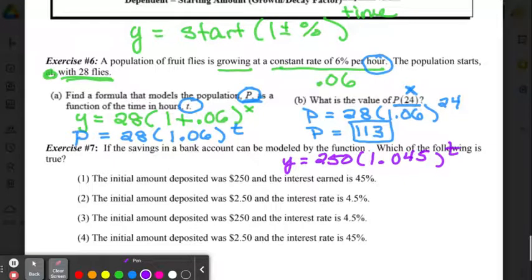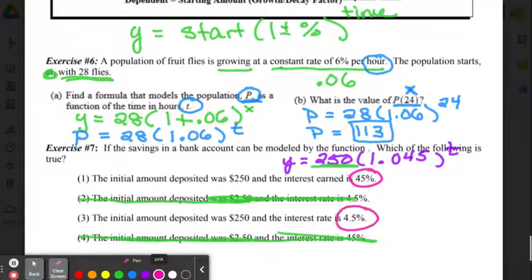So let's look at our initial amount. Our initial amount is right here, $250. So we can cross off this, 250, and we can cross this one off. So now it says, and the interest earned, you have an option of 45% or 4.5%.